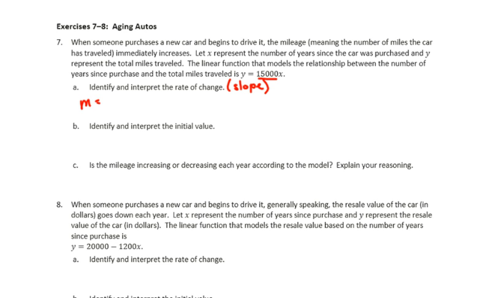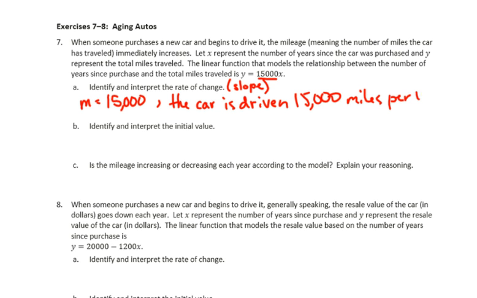So 15,000, and interpret that means the car is driven 15,000 miles per year. That's what that tells us in front of x. Identify and interpret the initial value.